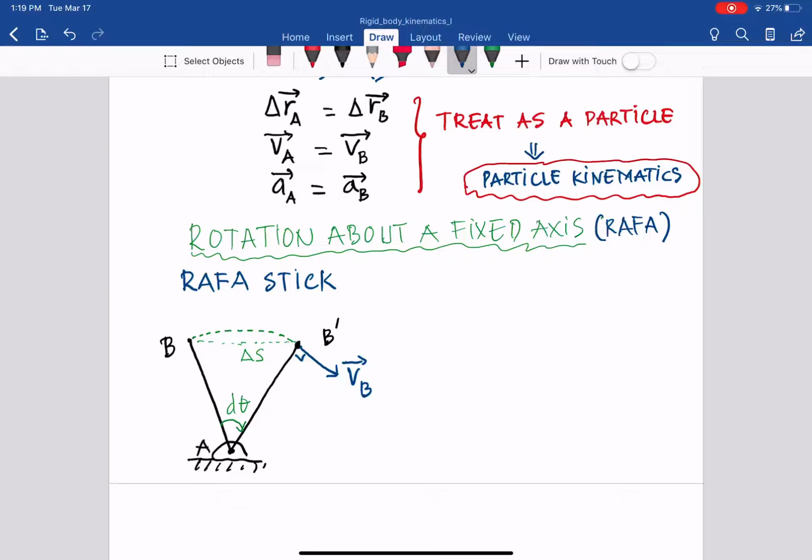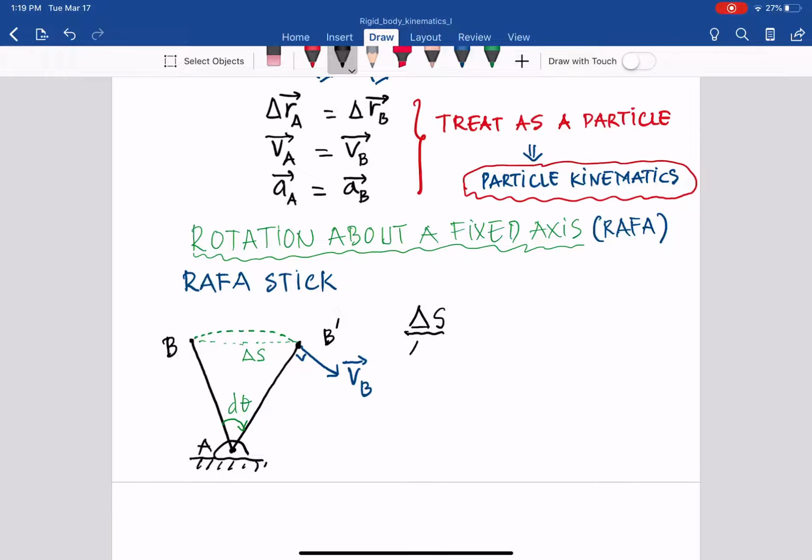So let's see, if point B moves to B apostrophe, then I can have delta S, the change in position, over a time, equal to... delta S is equal to r delta theta, the change in the angle at point A, over delta t. So the delta S equals r delta theta.